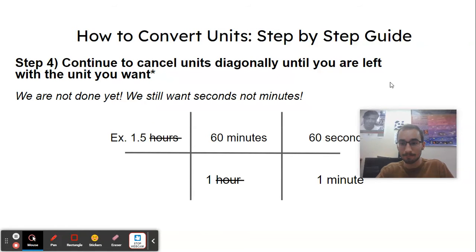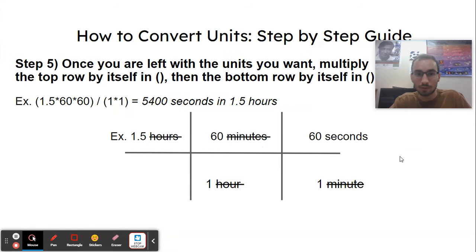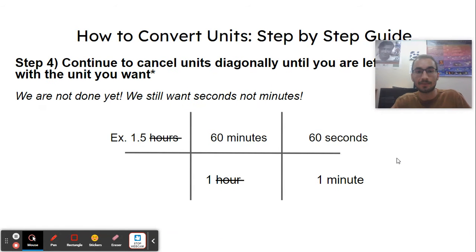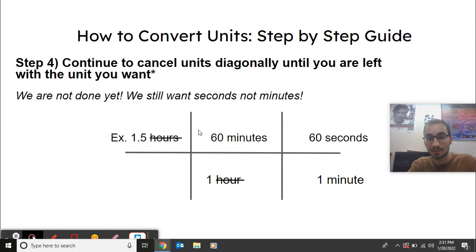Okay? So right now, the minutes will cancel out with each other, and we'll be left with seconds in the top right. Okay? So that is step 4. You continue to cancel these units out until you're left with the one you want. Please pause the video now. Make sure you got that on your notes.